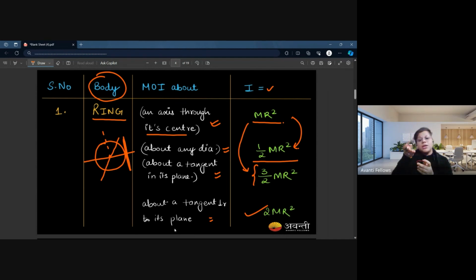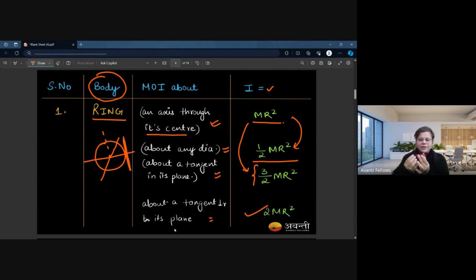Let's come to the last case, where the tangent is perpendicular to the plane of this ring. See, I'm explaining only this slide. I'm not going to explain the other slides as well. It's just that you get the idea, you get the connection. That's why I'm doing it. So please be very attentive.